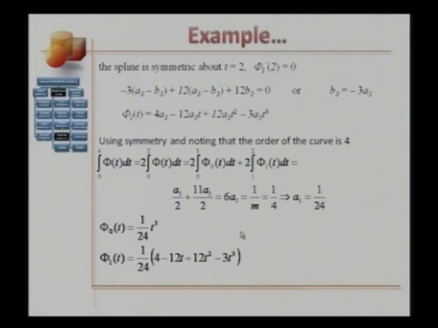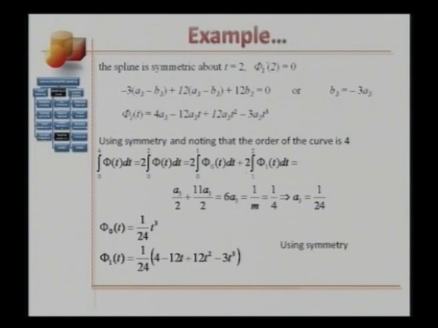Now, how about phi 2 and phi 3? So, phi 2 was a piece of this polynomial spline in the knot span 2 and 3, and phi 3 is a piece in between the knots 3 and 4.